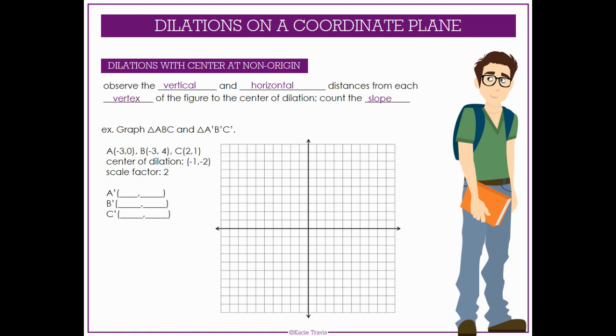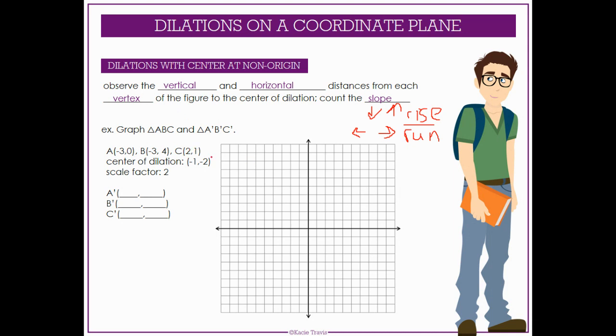If you remember slope from Algebra 1, let me write this over to the side. Slope is the rise over the run. Rise meaning up and down, run meaning right and left.